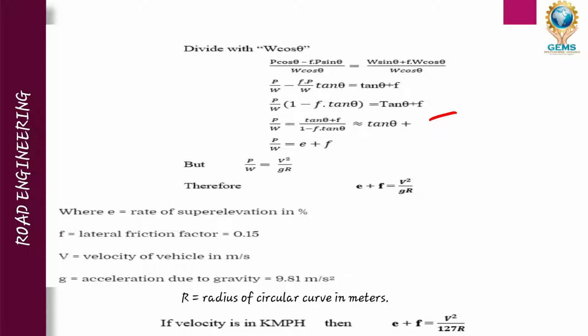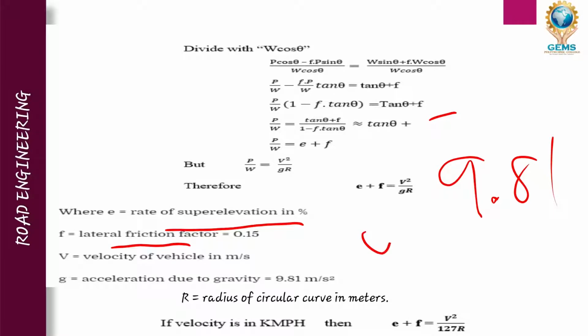If we take super elevation, E plus F is equal to V square by GR. That is velocity square by acceleration due to gravity and the radius. By putting in the value, as we know that gravity is 9.81, where E is the rate of super elevation, which we can present in percentage, and F is the lateral frictional force, which we can take as 0.15.